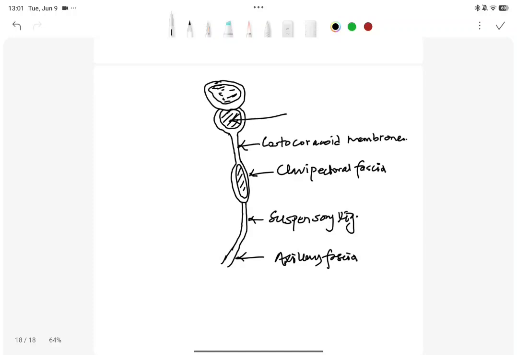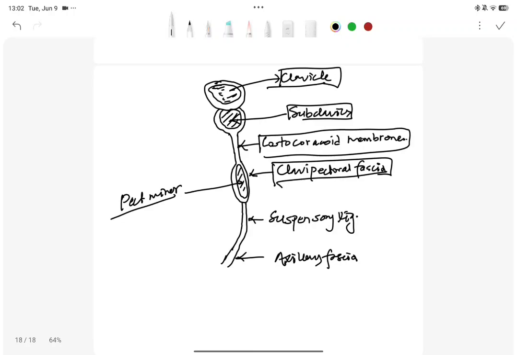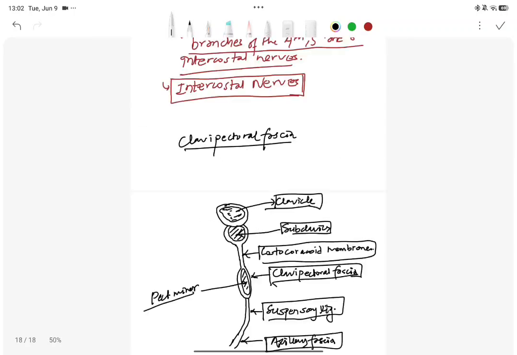And this is subclavius, and there is the pectoralis minor. This is the clavicle. So there is the characteristic fascia known as the clavipectoral fascia that covers the pectoralis minor, and the costocoracoid membrane connects the fascia of the subclavius and the clavipectoral fascia, and it terminates downward as suspensory ligament and ultimately fuses with the axillary fascia. So यसरी चाहिँ सम्झ्यौ है.